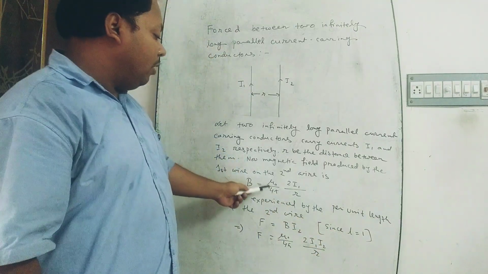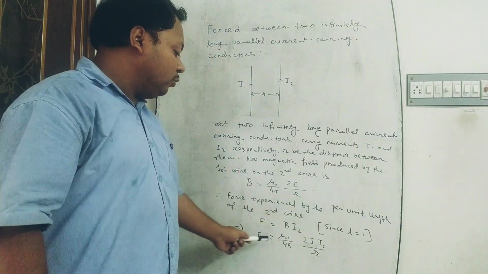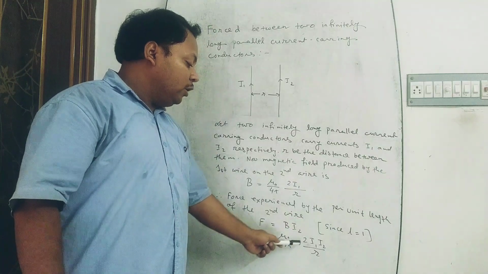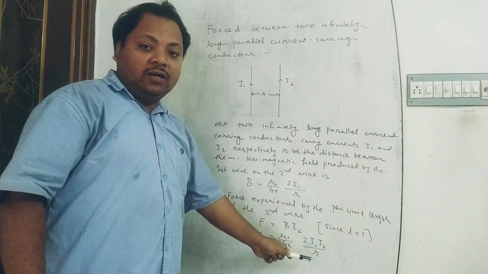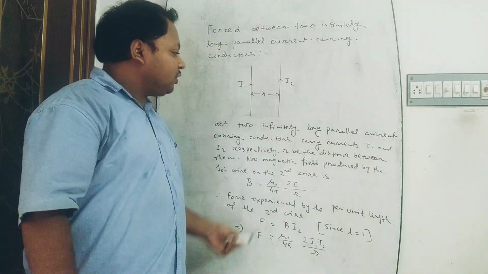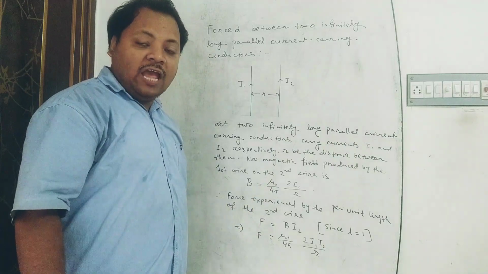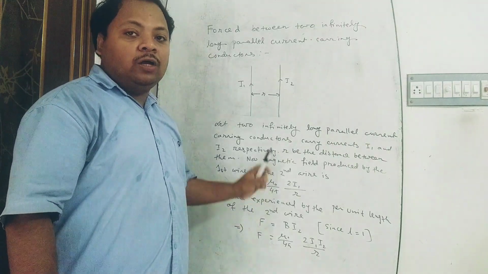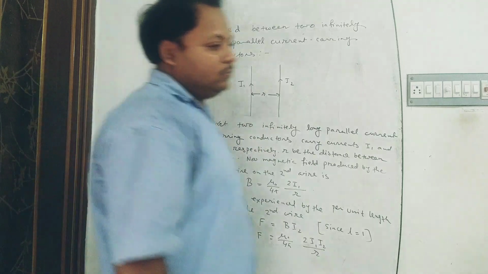Putting the value of B, F is equal to mu 0 by 4 pi into 2 I1 I2 by r. This is the expression of the force acting per unit length of either wire.